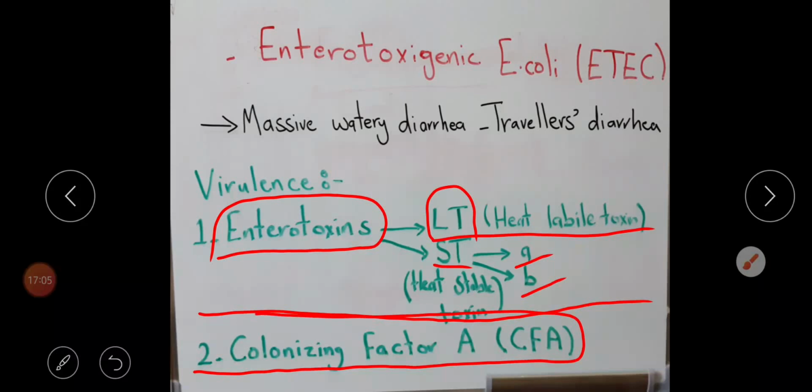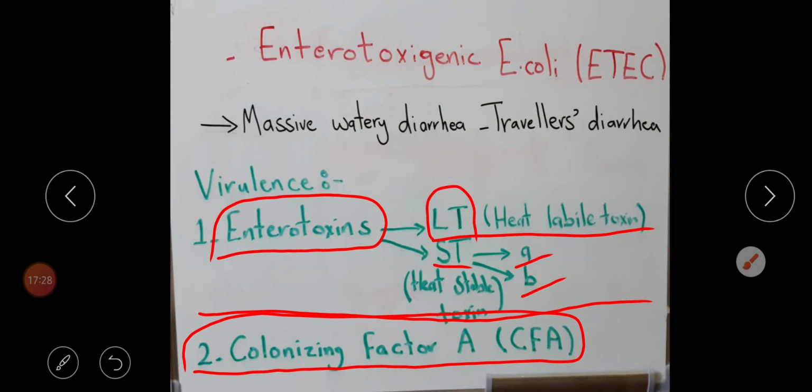The second one is what is called colonizing factor A, and its role is the same as the colonizing factors that are used by the enteropathogenic E. coli. The CFA, colonizing factor A, will attach themselves to the intestine, so they will prevent the normal peristaltic movement of the intestine.